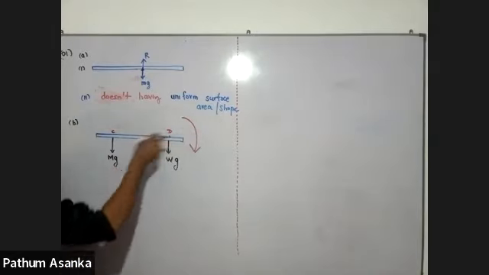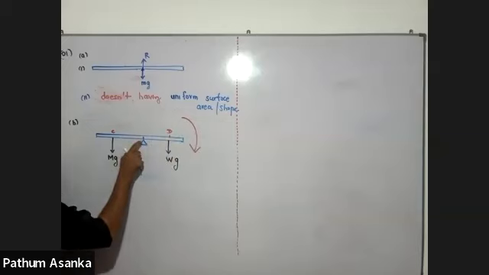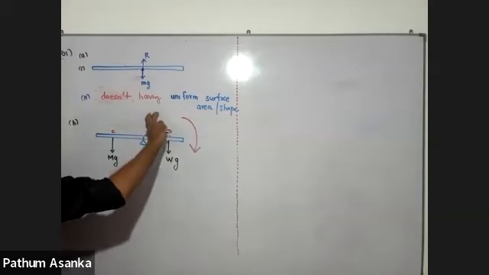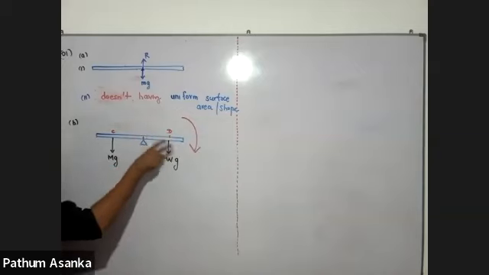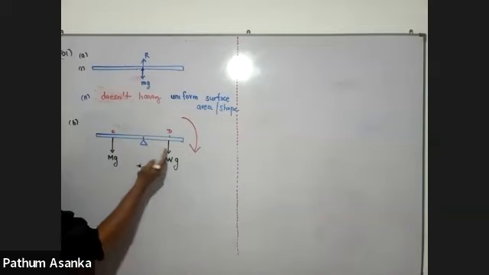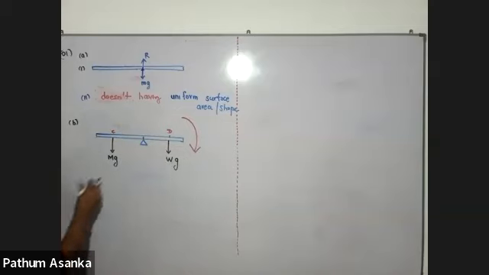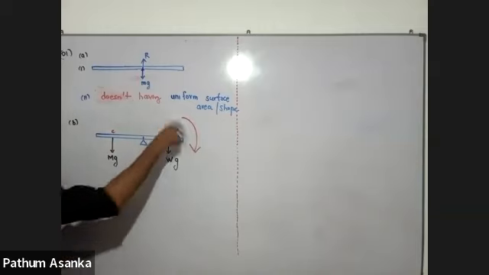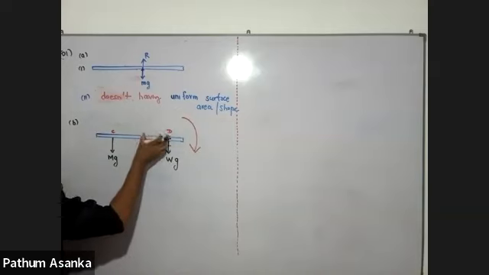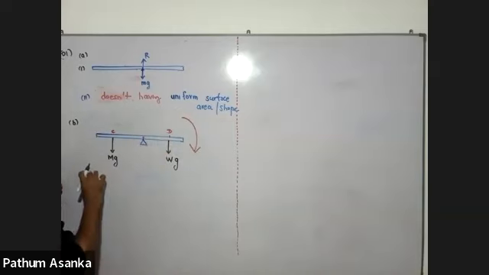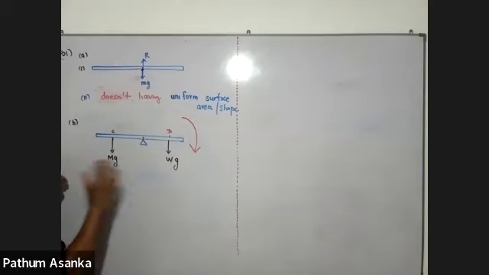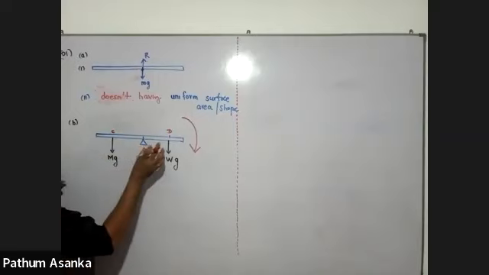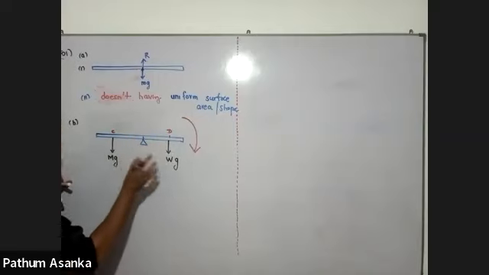It tends to rotate to this side. So considering the knife edge point, the moment of force in the clockwise direction is larger than the moment of force on the left side. So what is the step that we need to take to make the meter rule be in the equilibrium state?